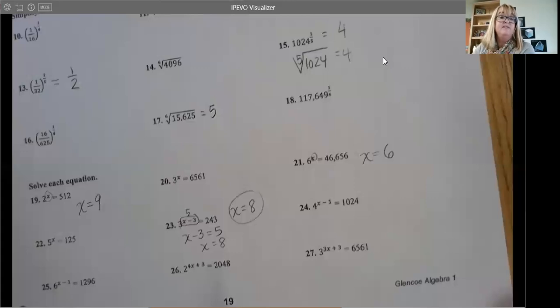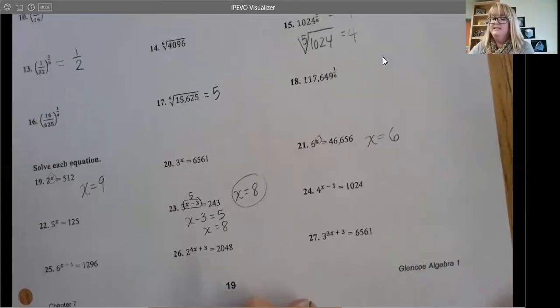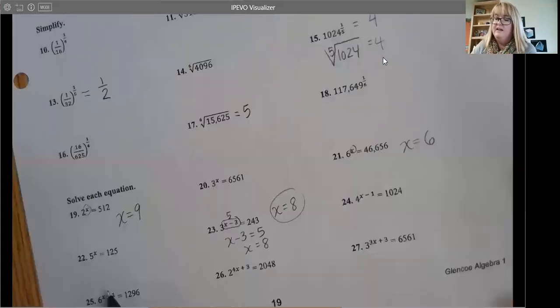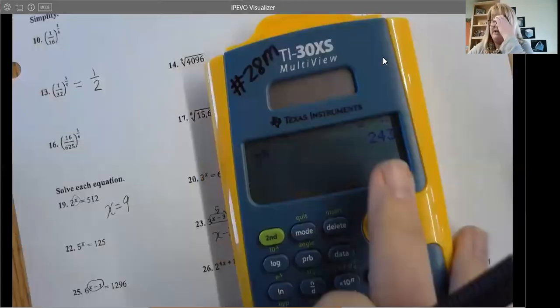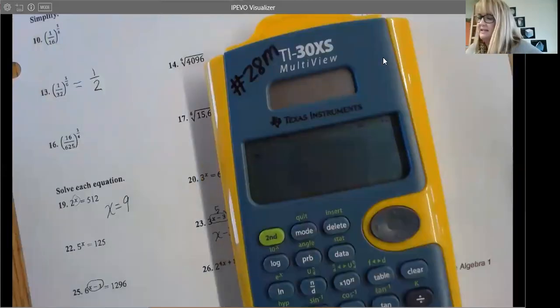All right, let's look at 25. There's another one. Similar thing. I've got a little expression here. I got to see what do I need it to equal. So 6 to what power is 1,296? So 6 to the 5th. I don't remember. Okay, that's way off. 6 to the 3rd.